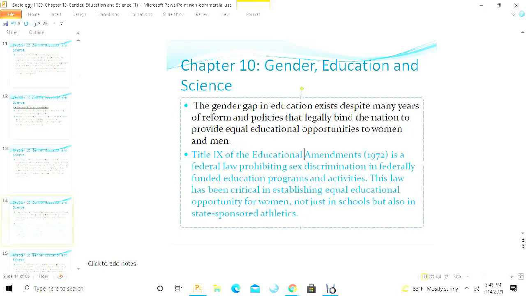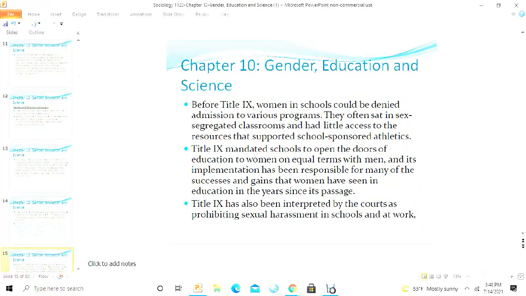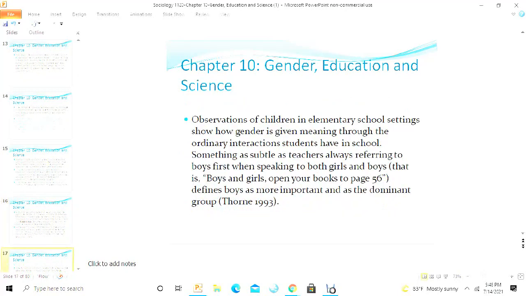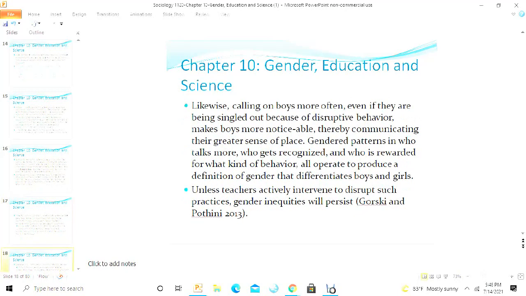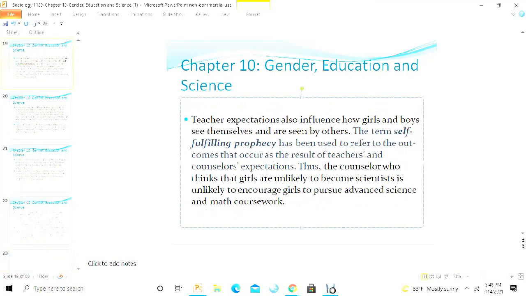Continue to do that with the PowerPoint presentations as well. Go through and highlight what you think is important, like hidden bias, and certain definitions that I put in bold letters so you'll be familiar with them. You've got to spend time with this. So when you see the term self-fulfilling prophecy, you say, let me highlight this one.